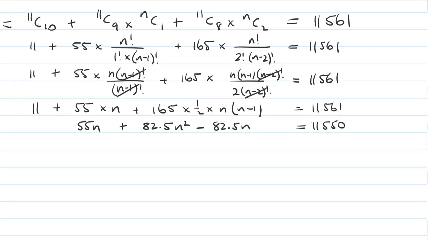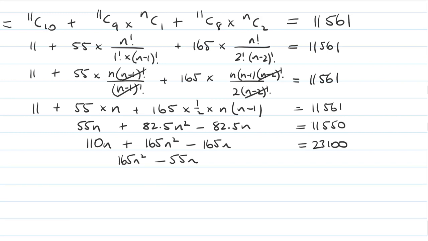I've got 110n plus 165n squared minus 165n is equal to 23,100. Now I'm looking for some common factors. I get 165n squared minus 55n minus 23,100 is equal to 0.